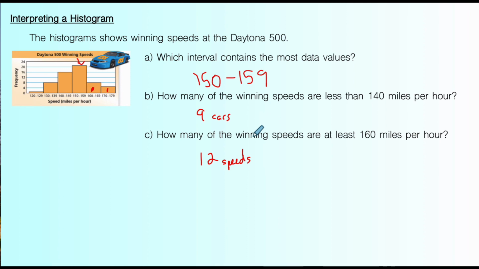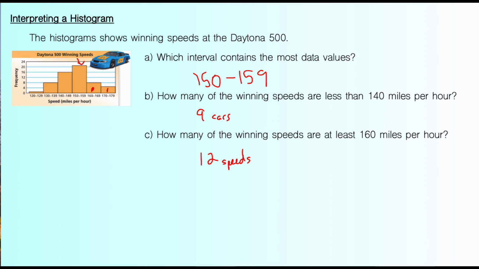I'm going to also ask you a question that's not on the screen. How many cars had a speed of 142 miles per hour? I'll ask that again. How many cars had a winning speed of 142 miles per hour? And the answer is you can't answer that. One of the hindrances or the detractors for using a histogram is it does not show specifics for data.